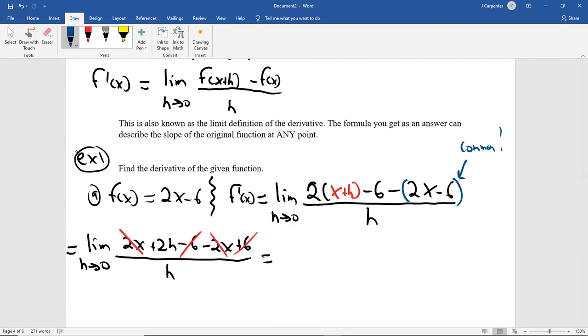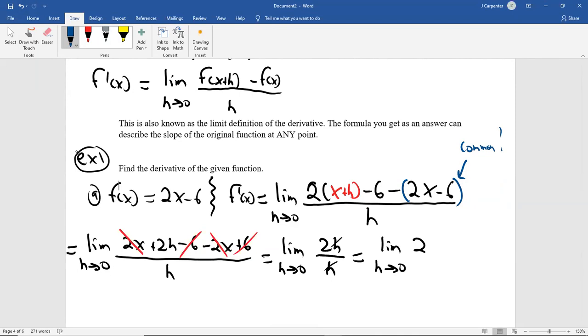Okay, so equals, what are we left with in the top? Just the 2h. So that's the limit as h goes to 0 of 2h divided by h. Well, look at that. You have h's on top of each other, so they cancel. Gone, gone. So that's the limit as h goes to 0 of 2. Now, if you plug in 0 here, you're going to get a perfectly fine form.